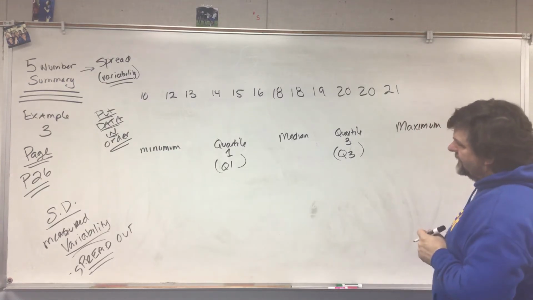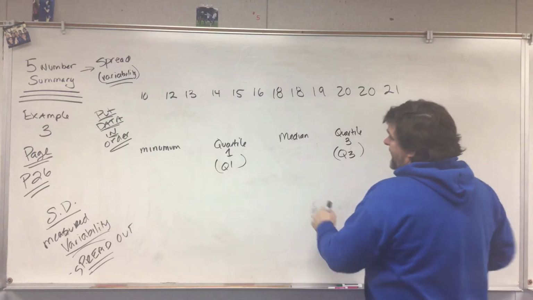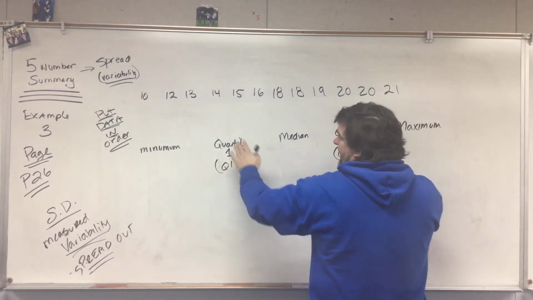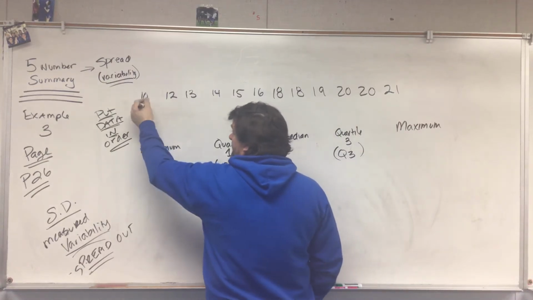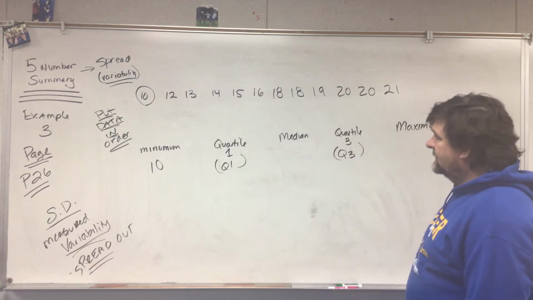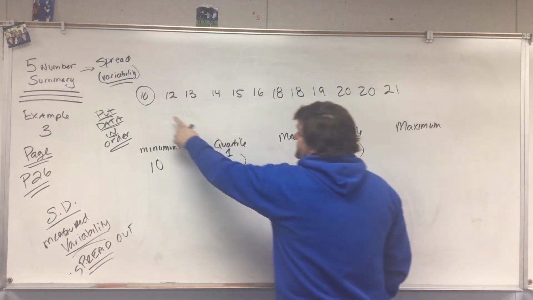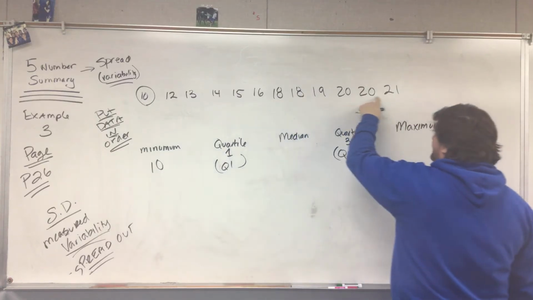Okay, so we've talked about median. That's our center. Now we're going to take our center and figure out how far apart they are. Minimum number, it's the minimum value. So this one is 10. That's my minimum. My median, because there's 12 of these, 1, 2, 3, 4, 5, 6, 7, 8, 9, 10, 11, 12.